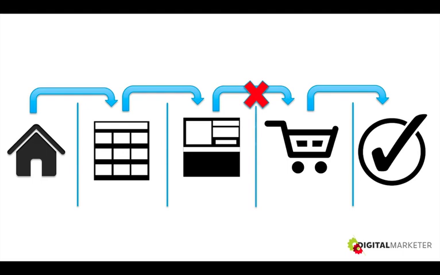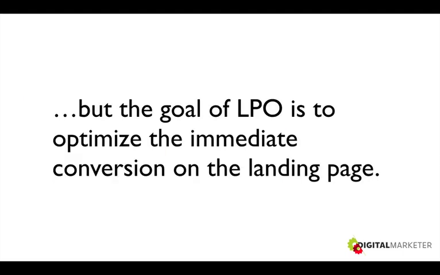So where do landing pages differ? Where landing pages differ is that the goal of landing page optimization is to optimize the immediate conversion on a particular landing page. Remember when I talked about the difference between short-term and long-term goals?